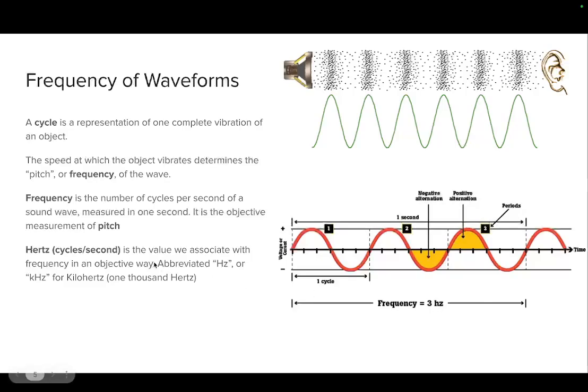We use hertz to abbreviate cycles per second. It is the value we associate with frequency in an objective way. It is abbreviated capital H, small z, or small k, capital H, small z for kilohertz, because we often refer to hertz in the thousands.